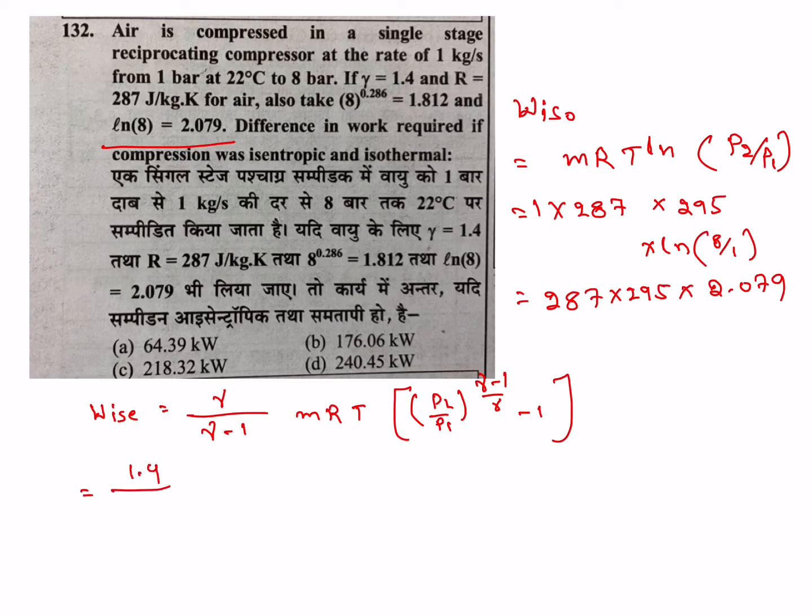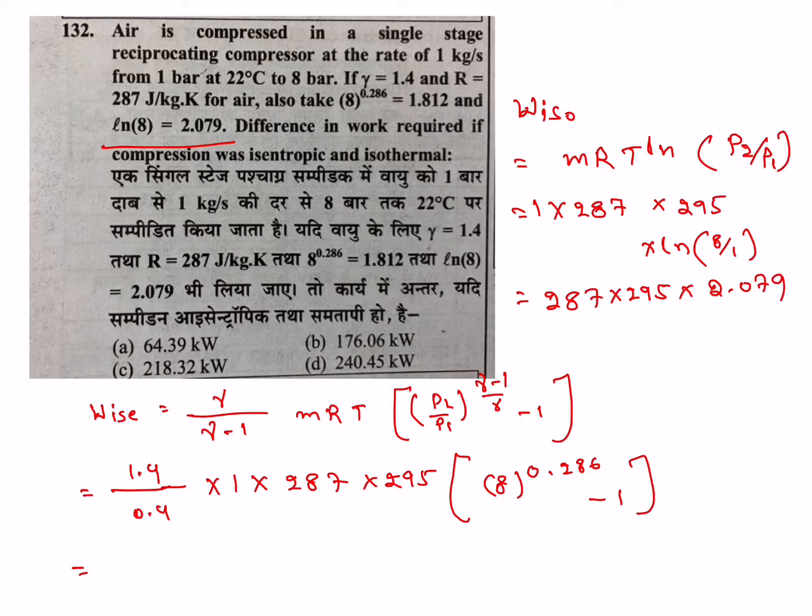It's a time taking process. 1.4 by 1.4 minus 1, 0.4, into 1 m dot, 287 into 295, 8 to the power 0.286 minus 1.